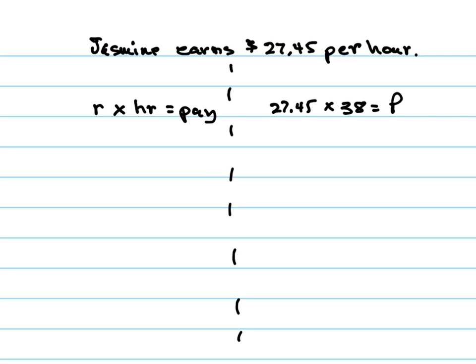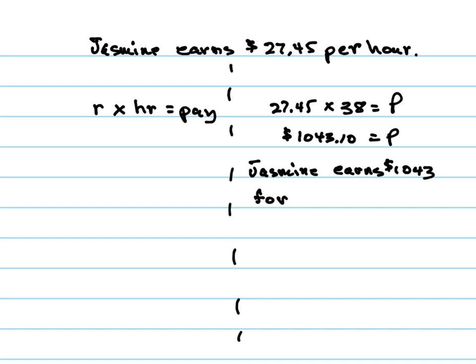Well, we have all our numbers on one side, so that simply means we're just going to multiply those numbers together, and that's going to give us 1043.10 equals P. So that means we could write out our sentence. Jasmine earns $1,043 for working 38 hours.